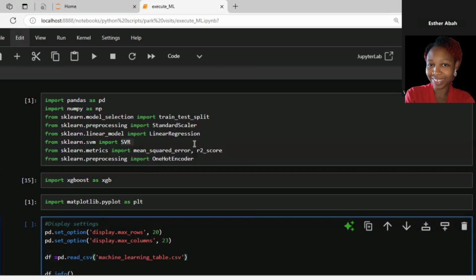Every other column is a feature. In future, if we decide to add another column, for example, is there an event around the park? We'll put yes or no, because if there's a wedding happening around the park, some people can just decide to stroll into the park and see what is happening. So that is a new feature we are adding to this model.